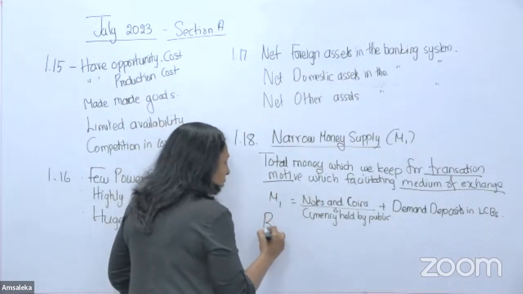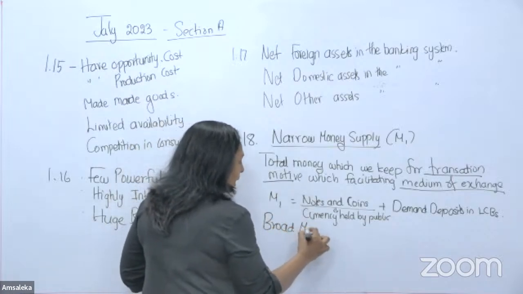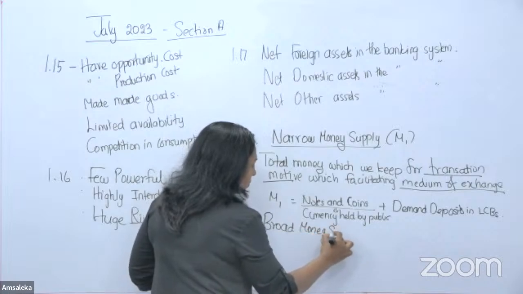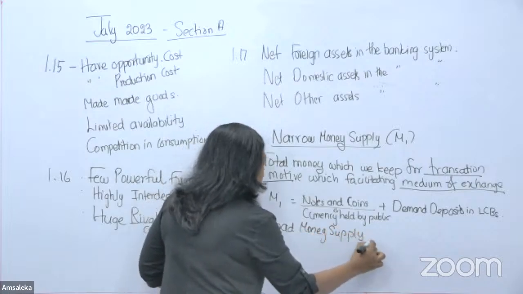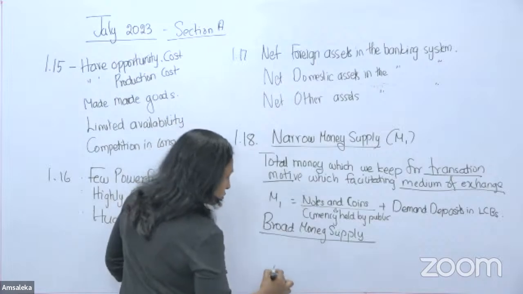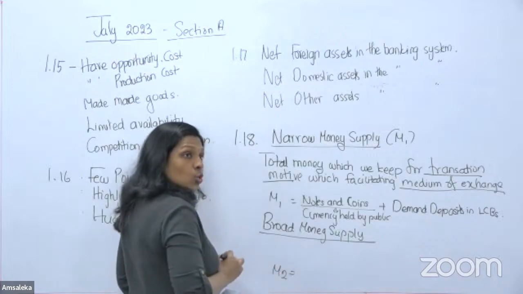Likewise, another one they asked about is broad money supply. So broad money supply means M2.